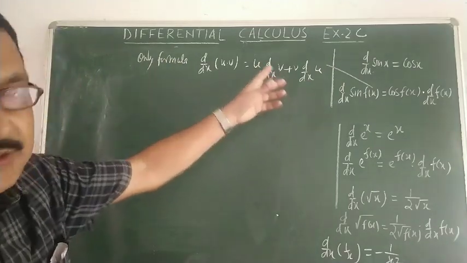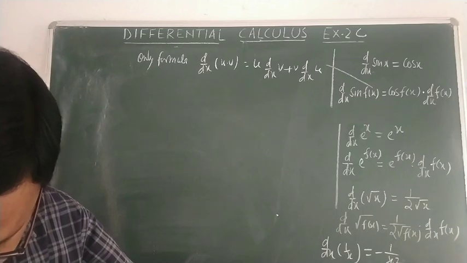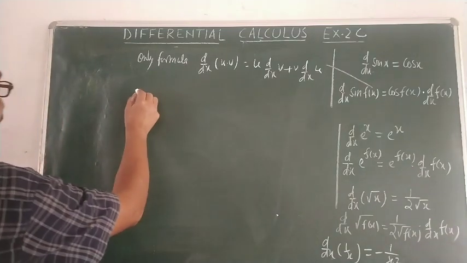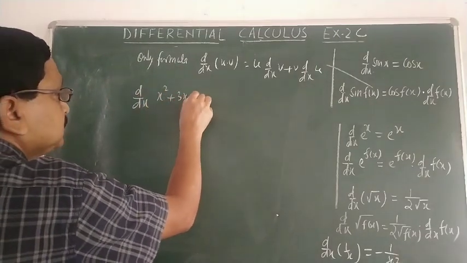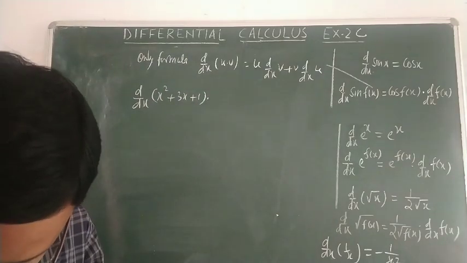From this formula the entire problem set of exercise 2C will be done. So let us start directly from 6th number, x square plus 3x plus 1 multiplied by sin x.